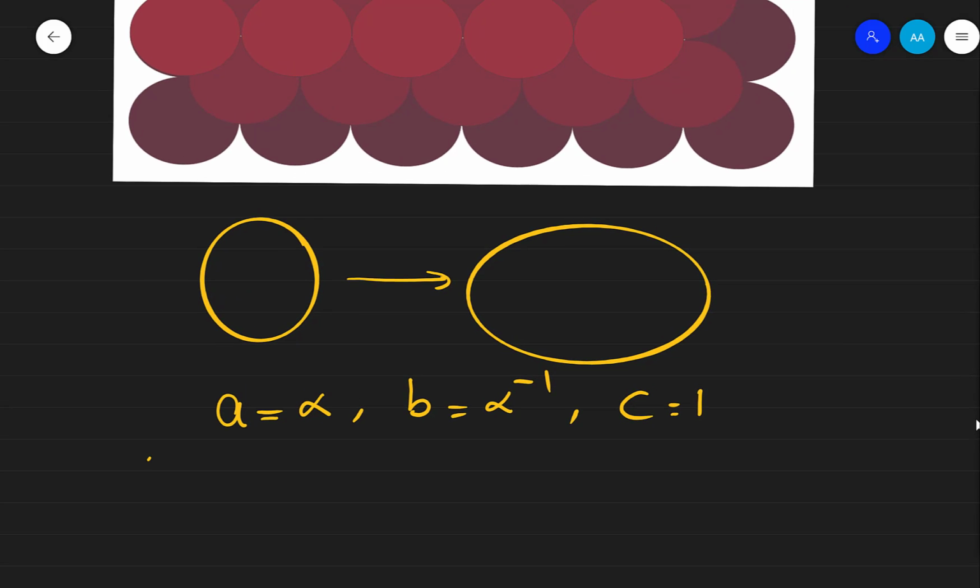Then the volume of the sphere is 4 pi over 3, and the volume of the ellipsoid is the same. Then the volume of each ellipsoid is the same as that of the original sphere. This transformation does not change the total volume and the number of ellipsoids. So unoccupied regions and packing also remain unchanged. So if we arrange the ellipsoids in the same arrangement as the close packed spheres, the packing has the same value, 74%. Obviously, in this arrangement, the semi-axes of all the ellipsoids are parallel.